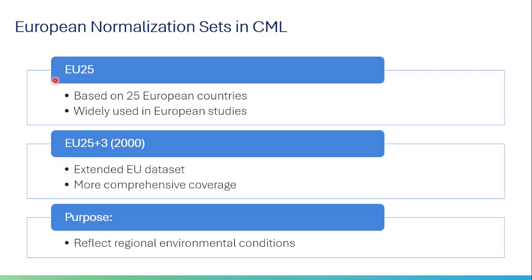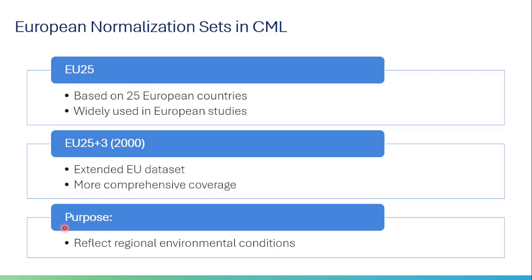For example, EU25 is one of the most commonly used data sets, and represents the environmental load for the 25 European countries. And we also have EU25+3, an extended version that includes additional countries and updated data, typically based on the year 2000.